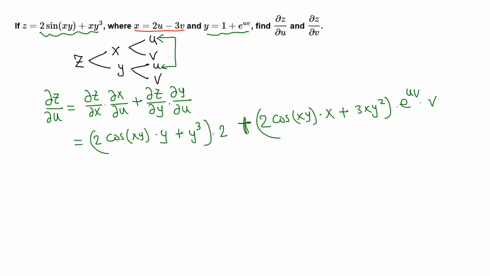two values. Okay, x is here and y is here. So this is the same as, we can write 2 all the way to the front, 2 inside, 2 cosine x is 2u minus 3v times quantity y, y is 1 plus e raised to uv times y.